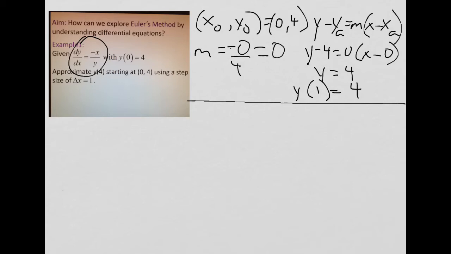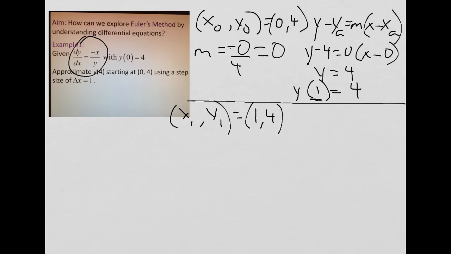That's what we were getting at the first line that I was drawing. Next, we're going to do the next point. We're changing our subscript to 1, and we got (1, 4). The step size was 1, that's why we went from 0 to 1.